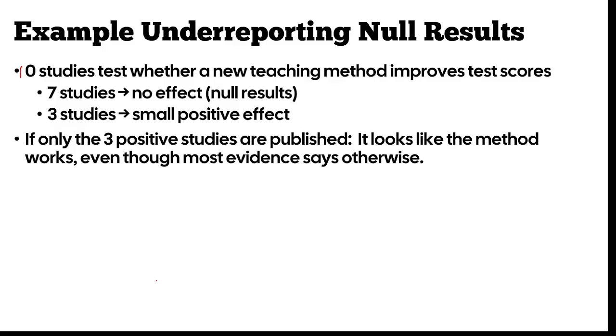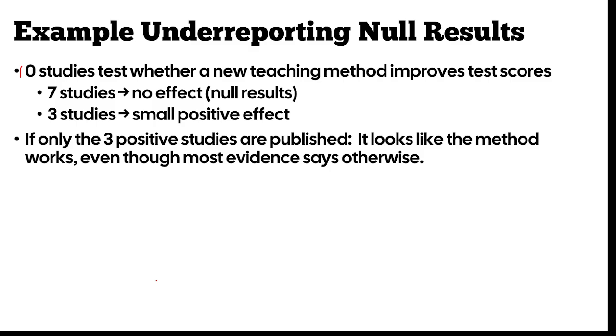But 10 studies were testing whether a new teaching method improves test scores on a kindergarten level reading test. 7 studies showed no effect. We retained the null hypothesis, okay? There was no association between the test scores improving and the new teaching method. 3 studies did find a small positive effect.